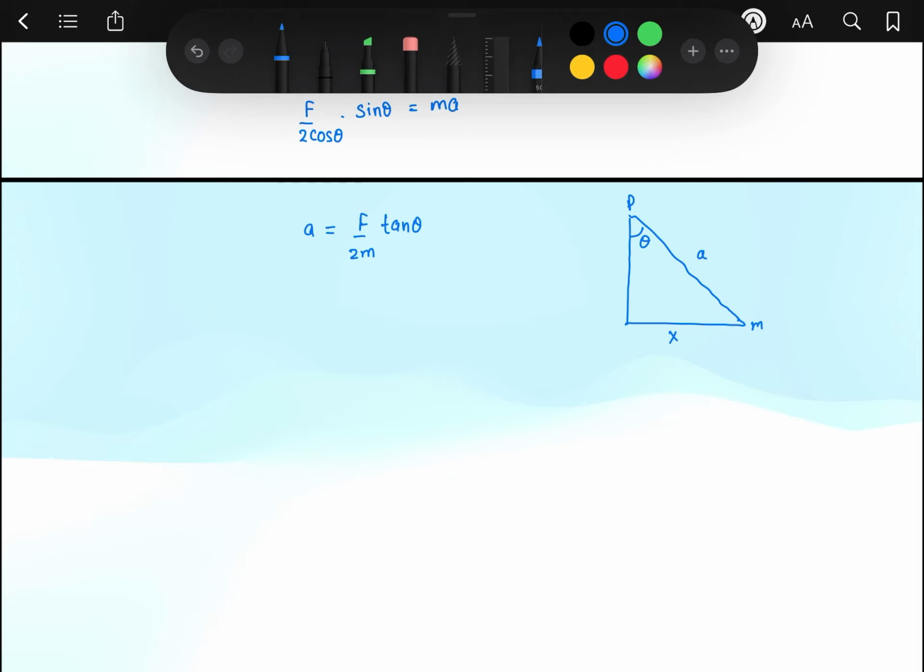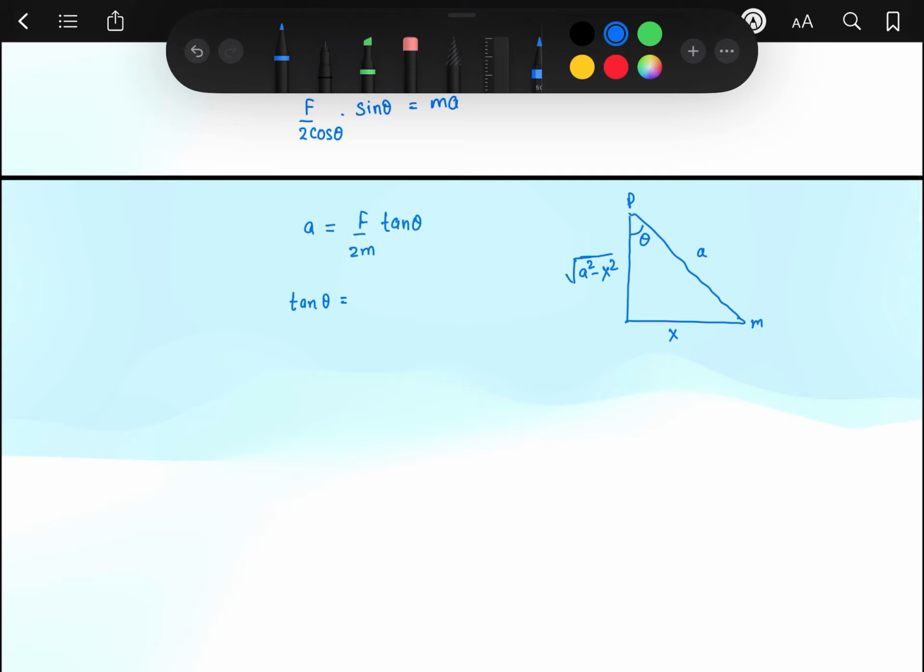So in this triangle, this side will be equal to root under a square minus x square. So the value of tan theta will be perpendicular divided by base, that is x divided by root under a square minus x square.